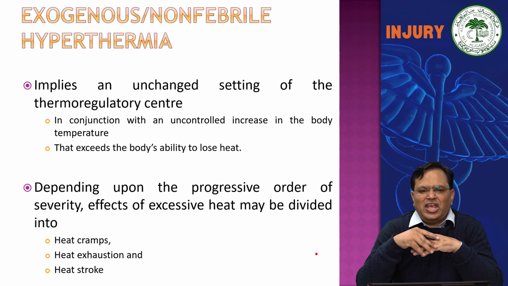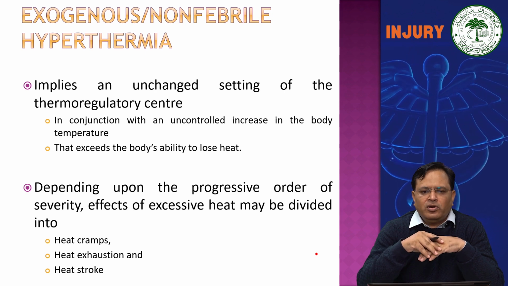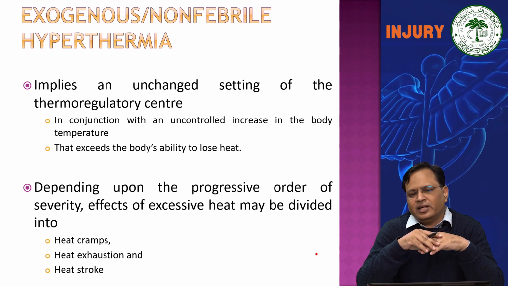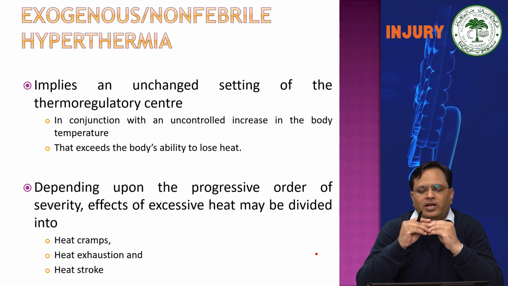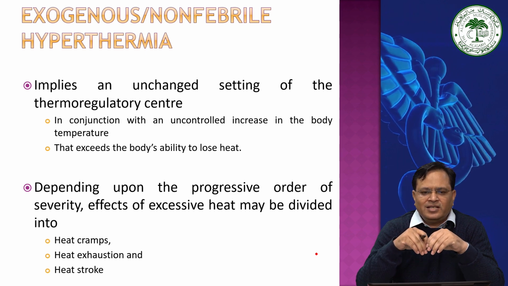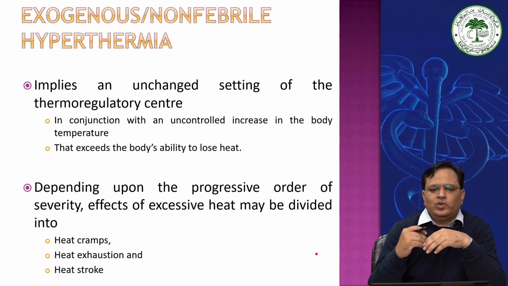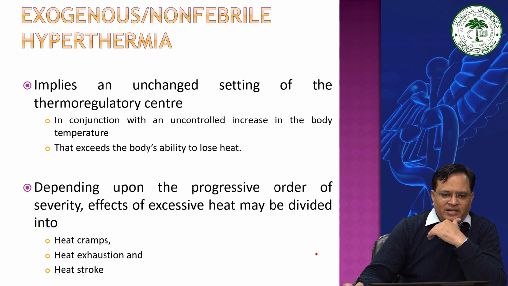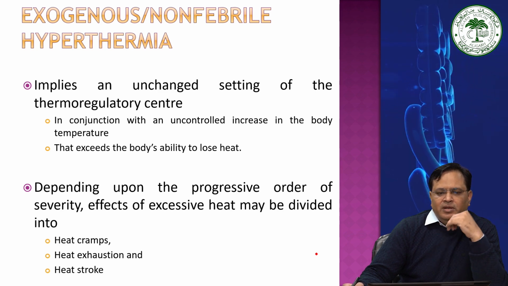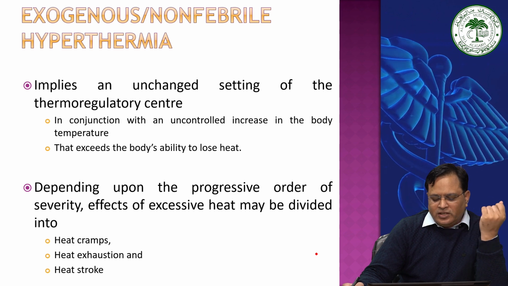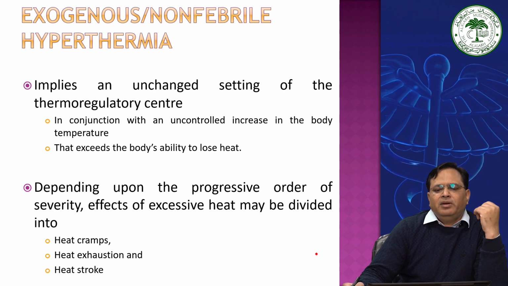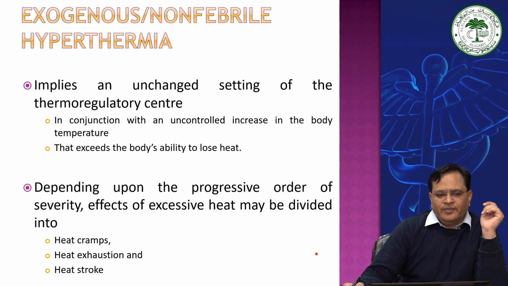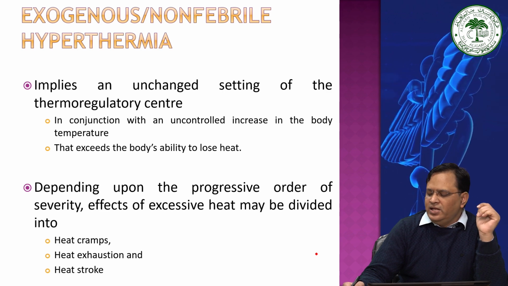It implies an unchanged setting of the thermoregulatory center in conjunction with an uncontrolled increase in body temperature that exceeds the body's ability to lose heat. Depending on the progressive order of severity, the effects of excessive heat may be divided into heat cramps, heat exhaustion, or heat stroke.